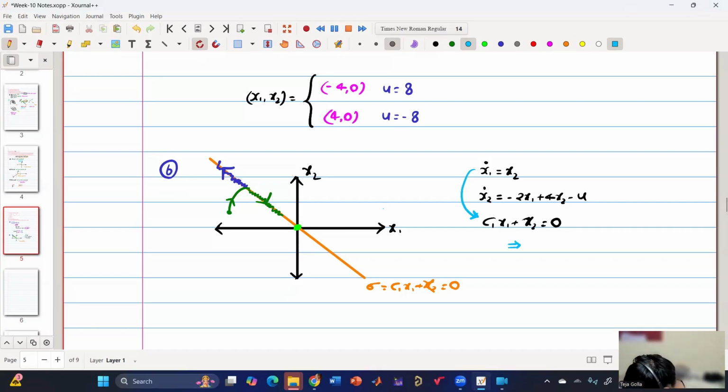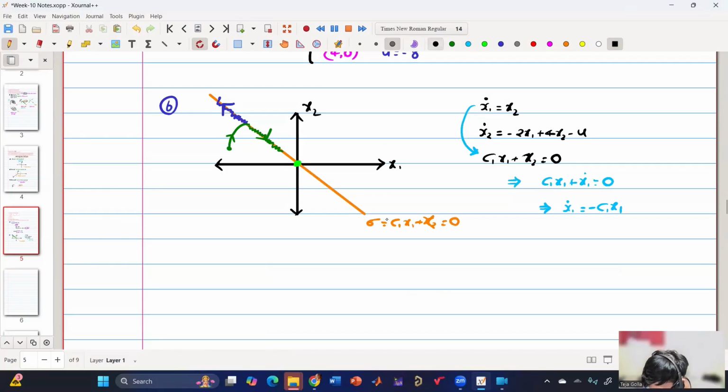So now this will give me C1 x1 plus x1 dot equals 0, or I can say x1 dot is equal to minus C1 into x1. So can you tell me what is the solution for this?